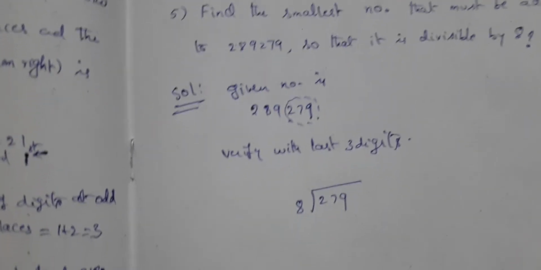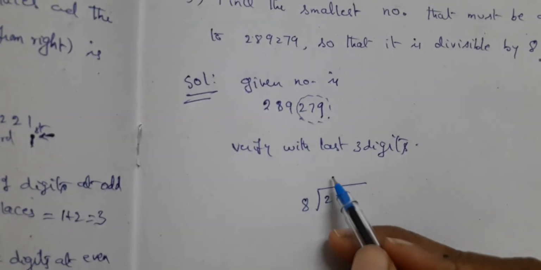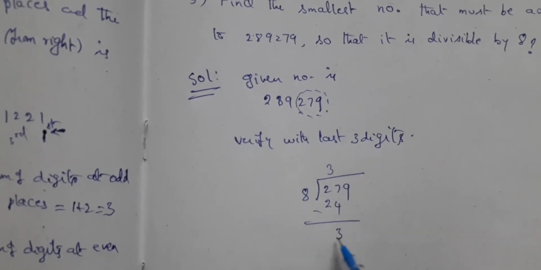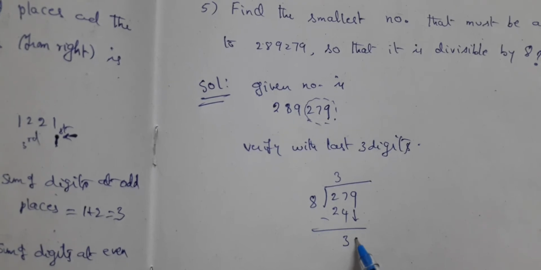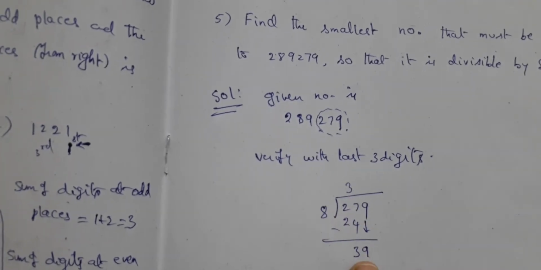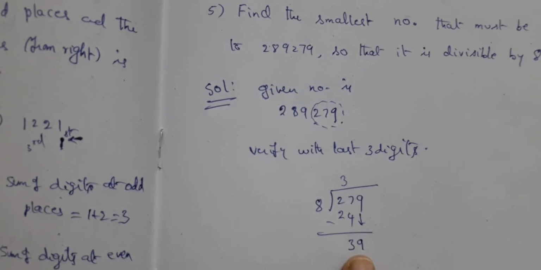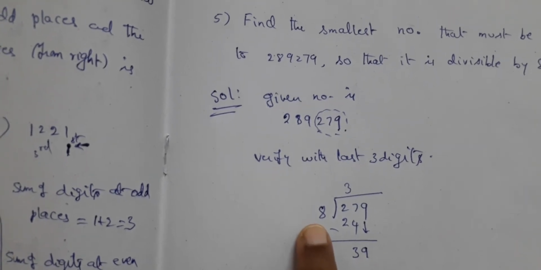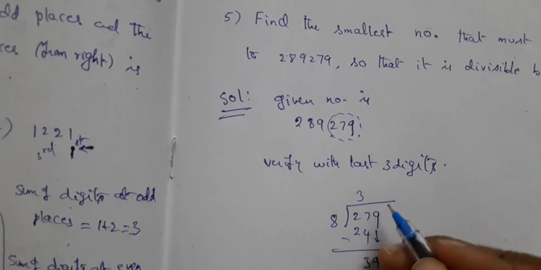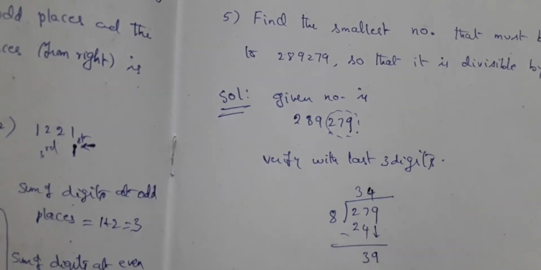So 279. Now let us see the divisibility rule. 3 8s are 24. So 3. Descend 9 here. 39. 5 8s are 40. Or rather, 4 8s are 32.